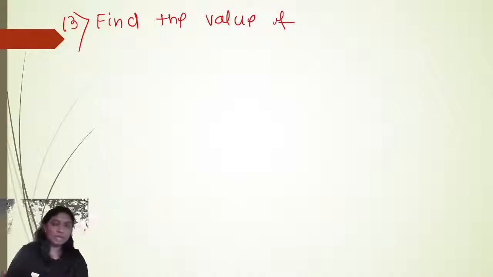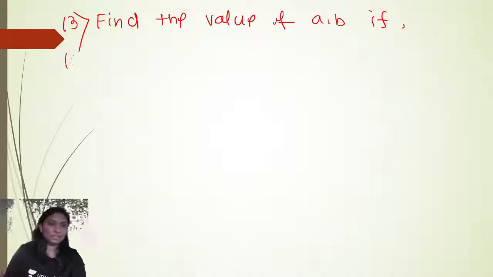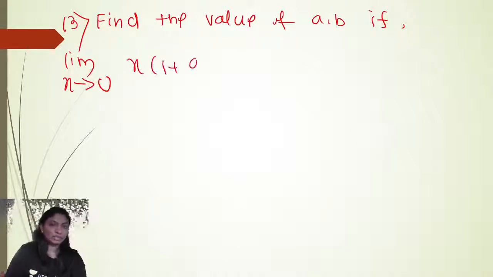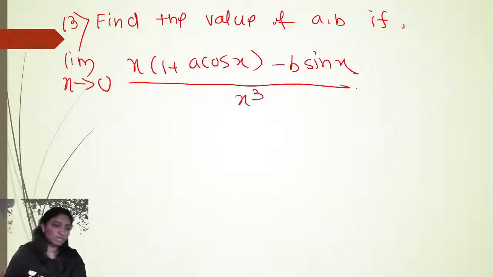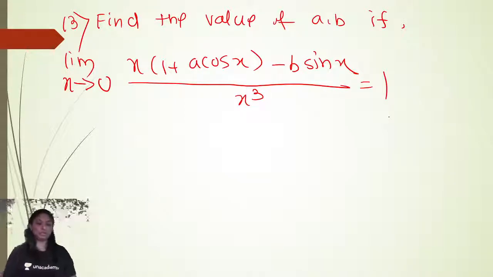Here we will see find the value of ab if limit as x tends to 0, x into 1 plus a cos x minus b into sin x upon x cube is equal to 1. Okay.